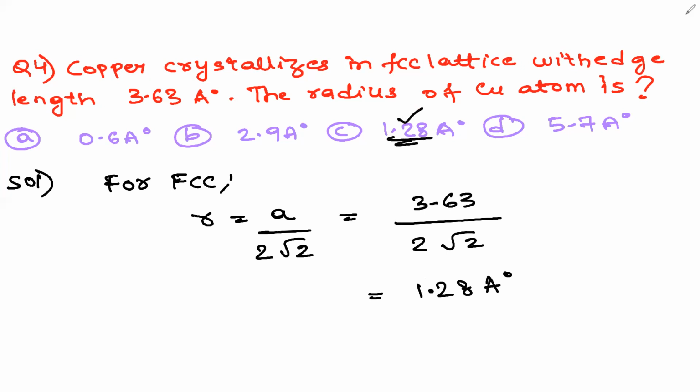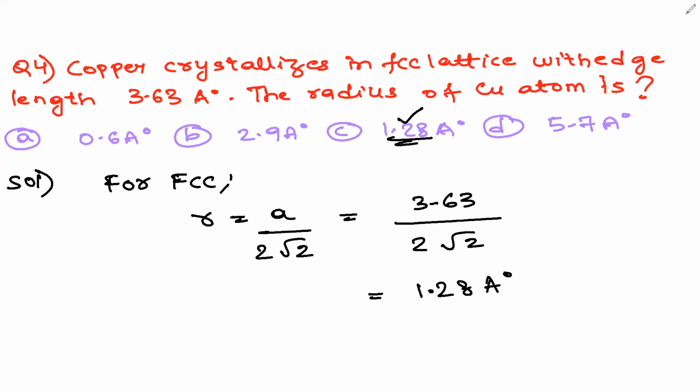So they will give copper crystallized in FCC lattice with edge length 3.63 angstroms. Similarly, sometimes they will not even give the FCC lattice. They will give copper crystallizes having edge length 3.63 angstroms. So you should know that copper crystallizes in FCC lattice. Some of the examples of BCC, FCC, and simple cubic lattices you have to remember compulsorily to solve this type of question.